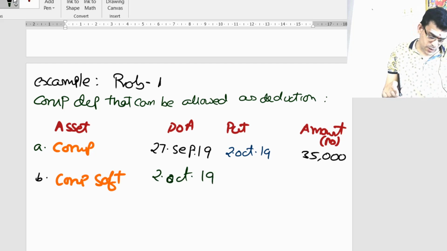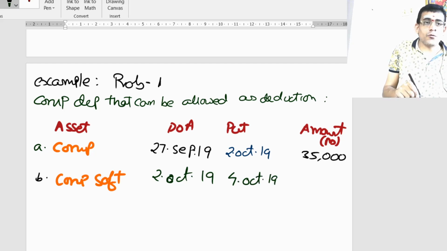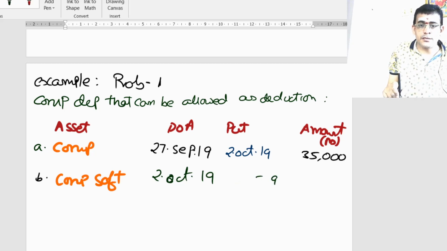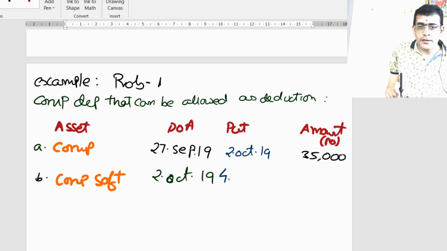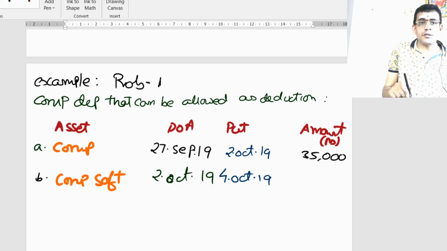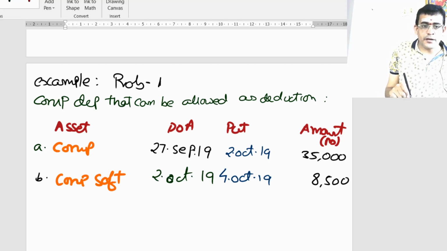Date put to use, 2 days later, 4th October 2019. The amount of this is going to be 8,500. The software cost is 8,500.